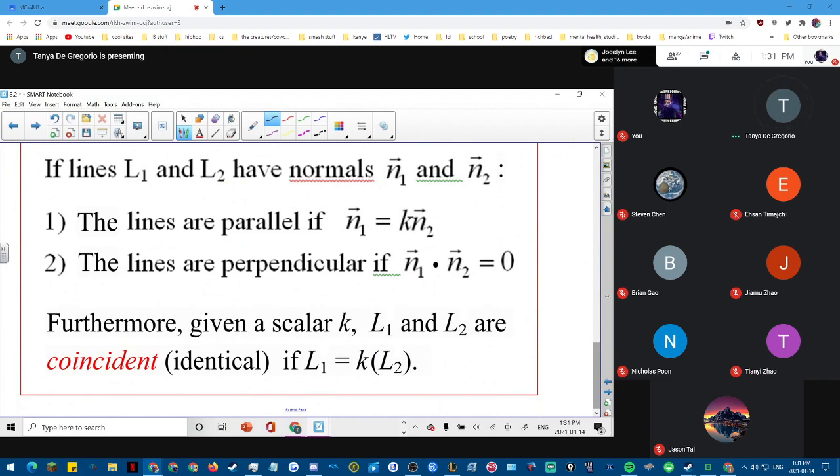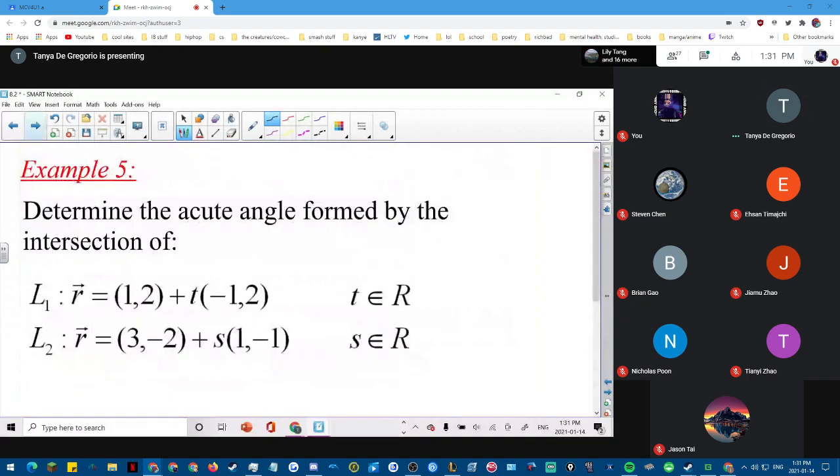Furthermore, given a scalar k, line 1 and line 2 are coincident, which remember means identical, if line 1 is a scalar multiple of line 2. So coincident, just a refresher, means that the two lines are exactly the same. One is on top of the other.